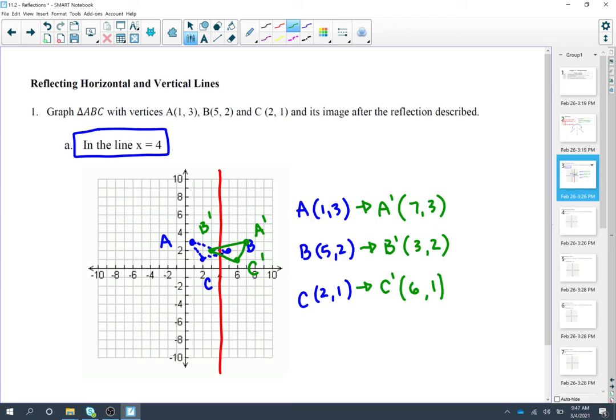And at this point, it might be a good idea to pause your video and see if you can figure out a relationship of what happened here. Notice in all of these, 3, 2, and 1 are still 3, 2, and 1. But when you pause your video, how did we get from 1 to 7? How did we get from 5 to 3? And how did we get from 2 to 6? Pause your video and think about it.